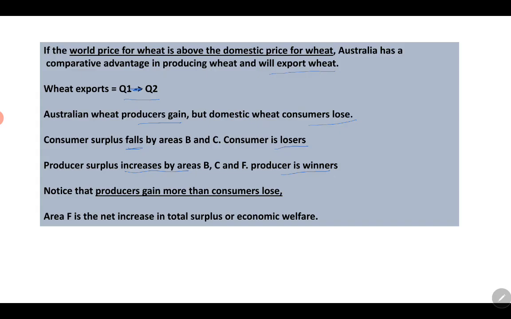So that will be your total surplus or economic welfare that we gain from export. So this is how you analyze in terms of quantity, price, consumer surplus and producer surplus.